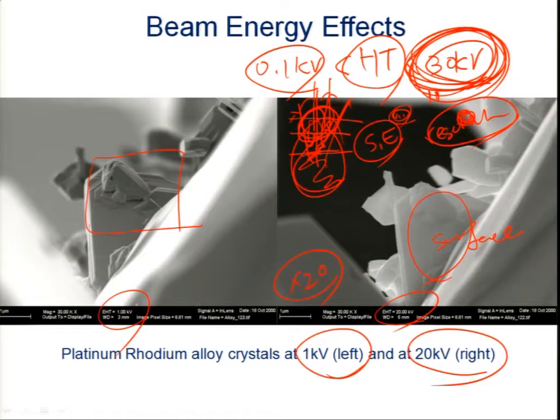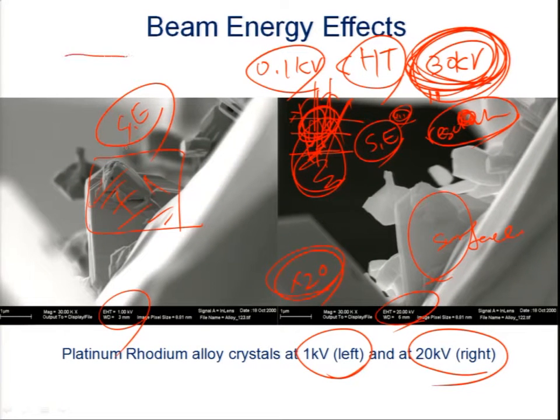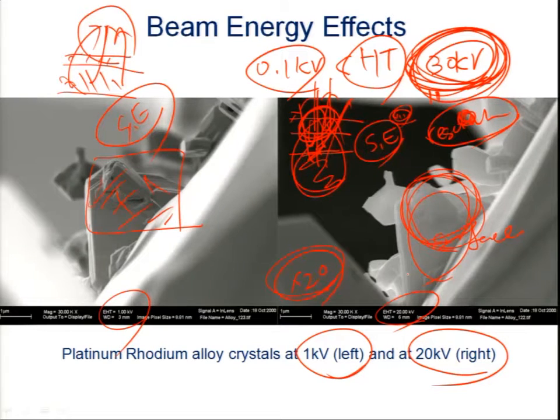But when you increase the high tension 20 times, all those secondary electron signals coming from the very shallow surface are buried by secondary electrons coming from much deeper. That is why we lose those surface details. So that's a trade-off.